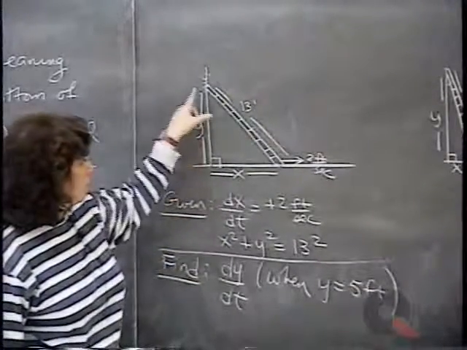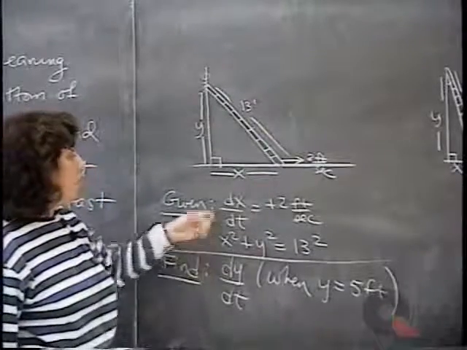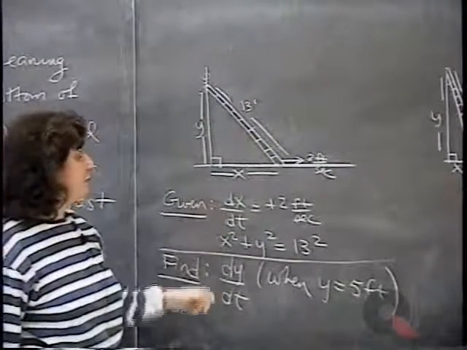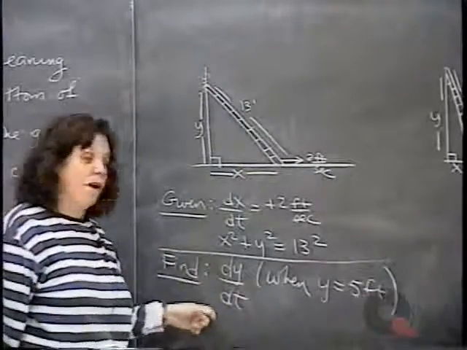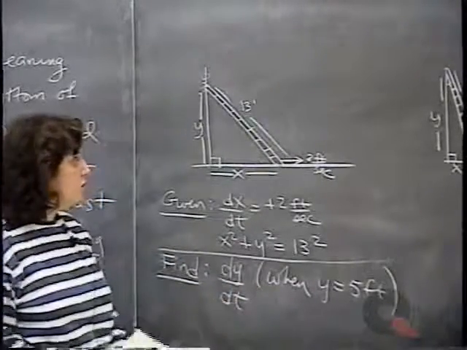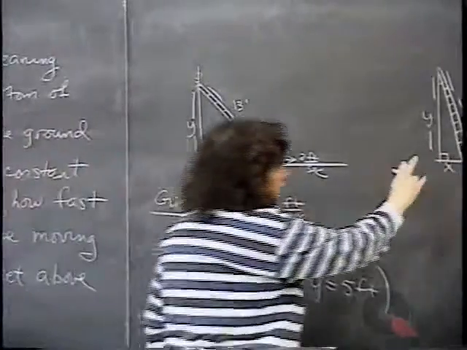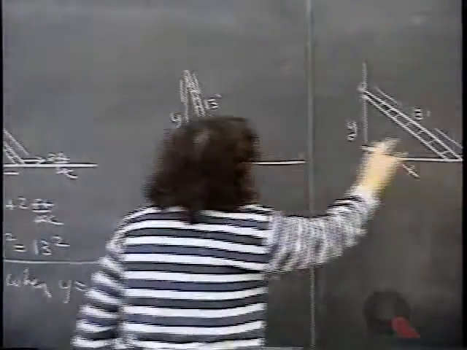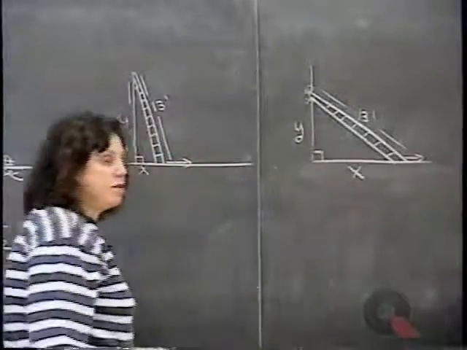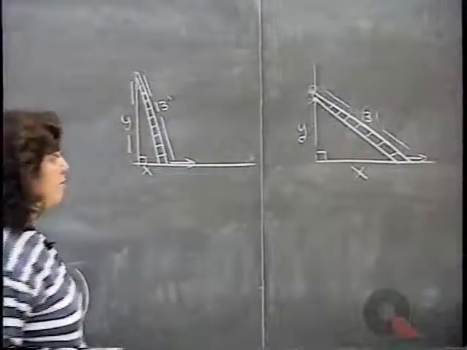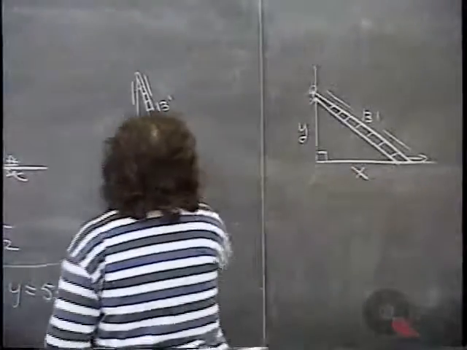We know dx/dt is 2 feet per second. We want to find dy/dt. We will not be surprised to find that dy/dt at the end will turn out to be negative, because just as x is increasing as time passes, y, this height, is decreasing. So we would expect to find that dy/dt ultimately will be negative.